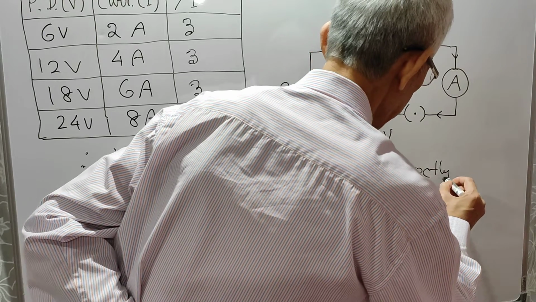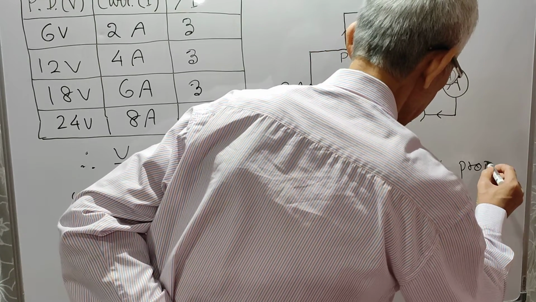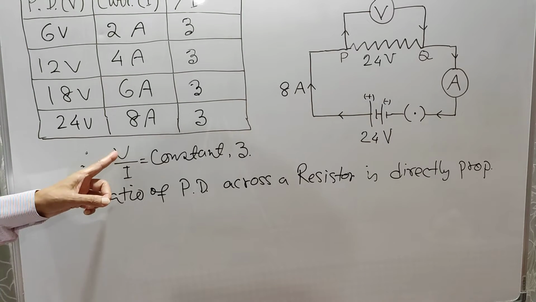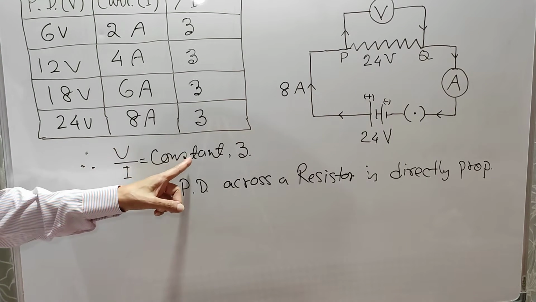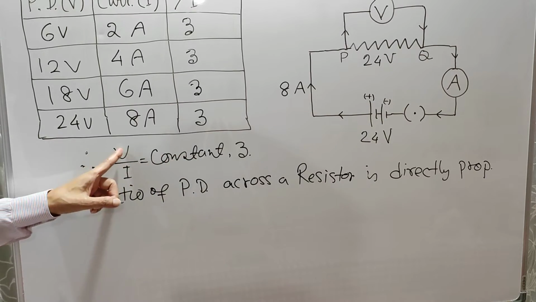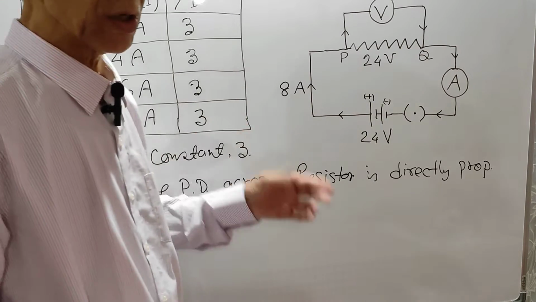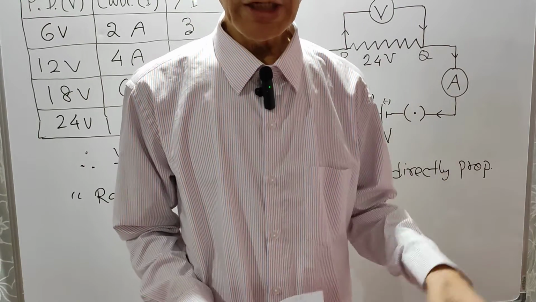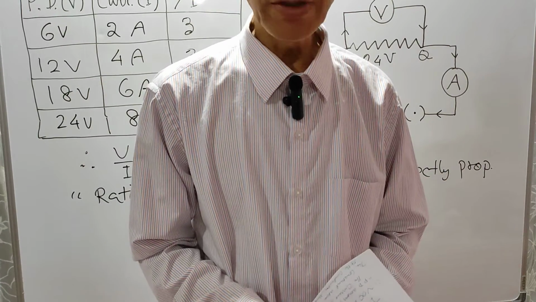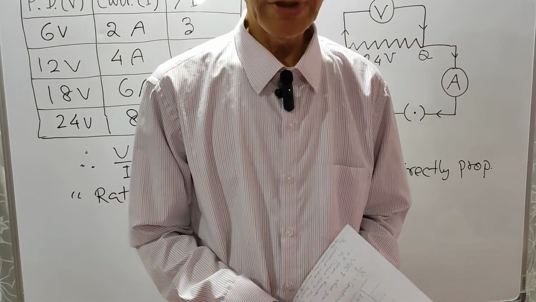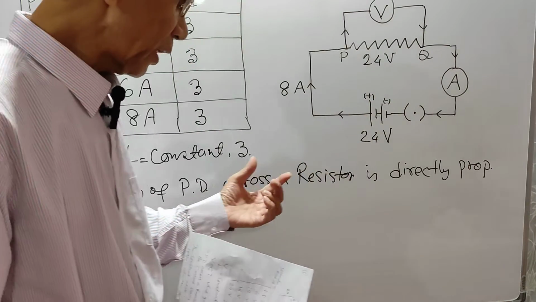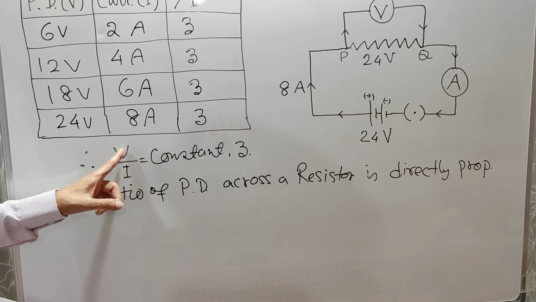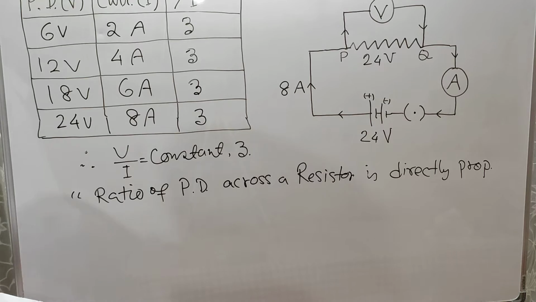Now see, from the knowledge of mathematics, if a ratio is constant, then we say those two terms are directly proportional. This knowledge comes from the chapter of proportionality or variation in maths. In that chapter, it is said that if a ratio is constant, then the two terms are directly proportional.